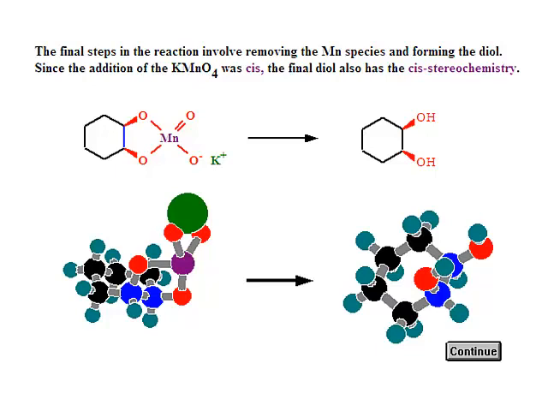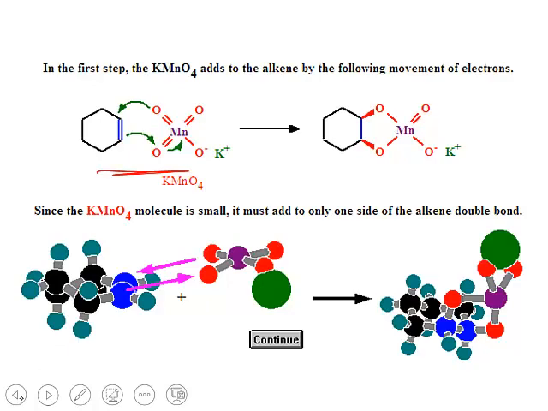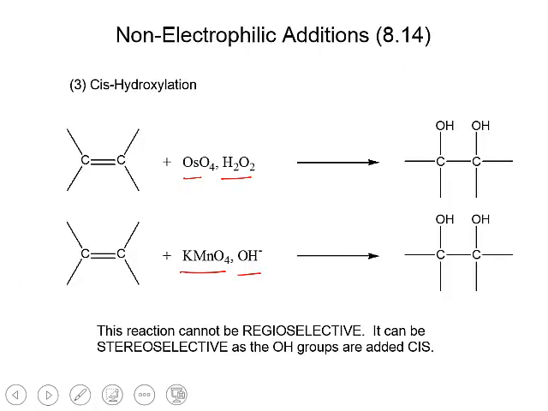With KMnO4, you can add 1 mole to 1 mole, but osmium is so expensive that with osmium tetroxide, we add a small amount of osmium and then a lot of peroxide, so that after the osmium adds to the double bond and the peroxide takes it away, the osmium gets regenerated into its reagent.